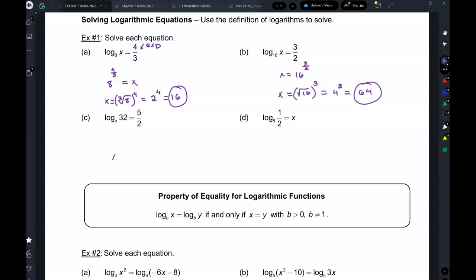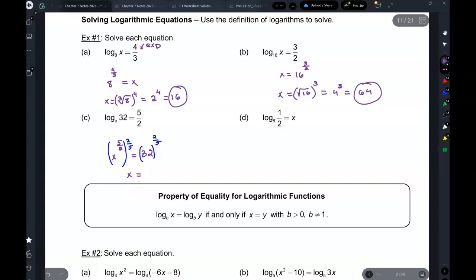5 over 2. So x to the power of 5 over 2 is equal to what? Okay, how do I solve this now? How about if I raise this to the power of 2 over 5? You guys know this from last chapter. You just forgot. Remember? So raise this to the power of 2 over 5.